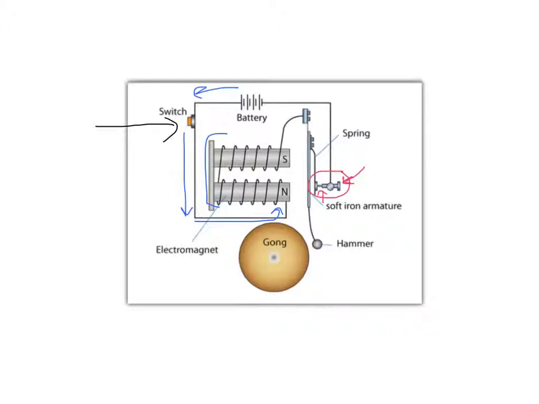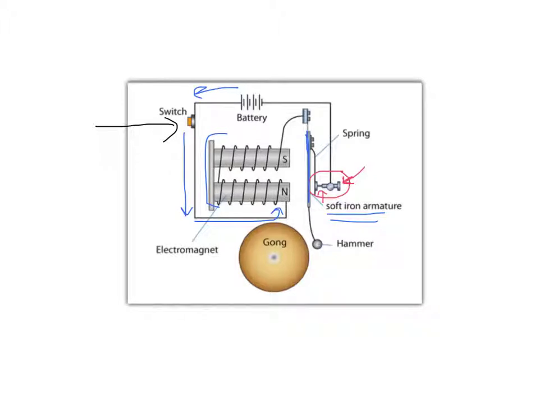So we'll get a magnetic material essentially in the middle of this picture. Now, when we turn this middle part into a magnet, it will attract the iron, this piece of iron that we have here that I'm just colouring in blue.